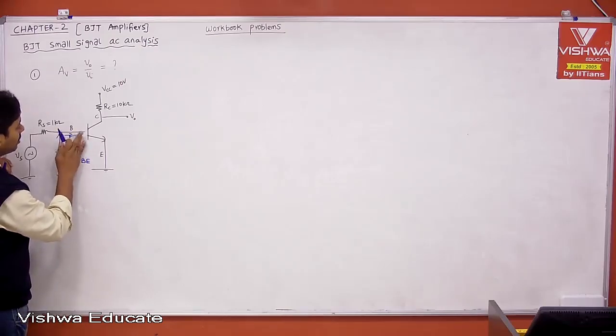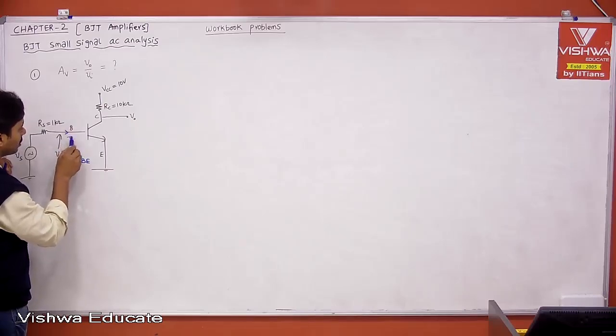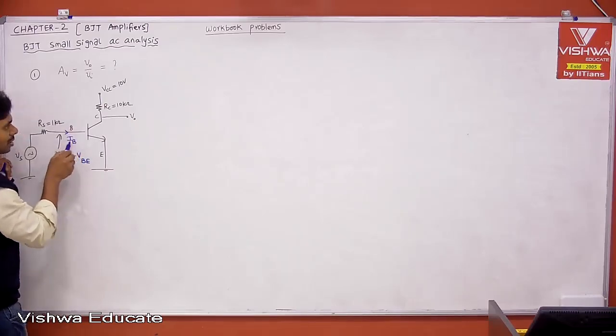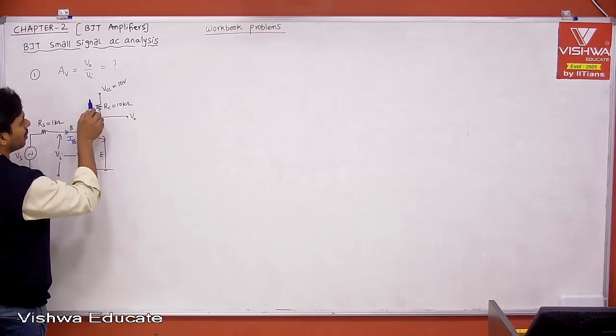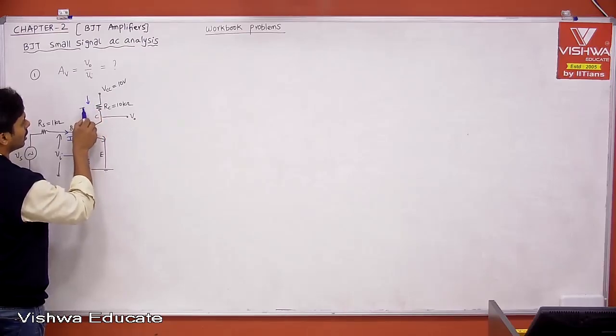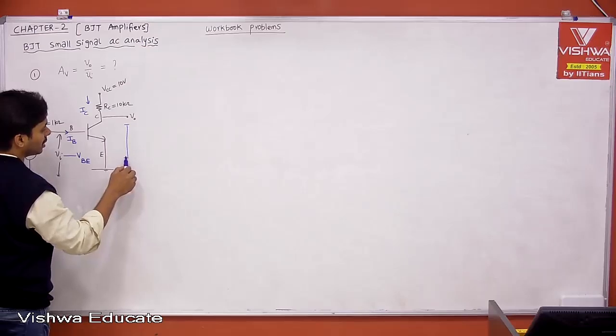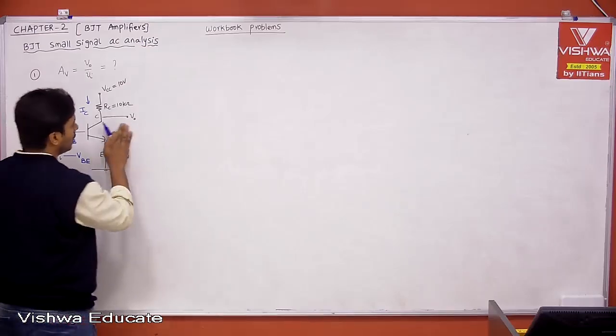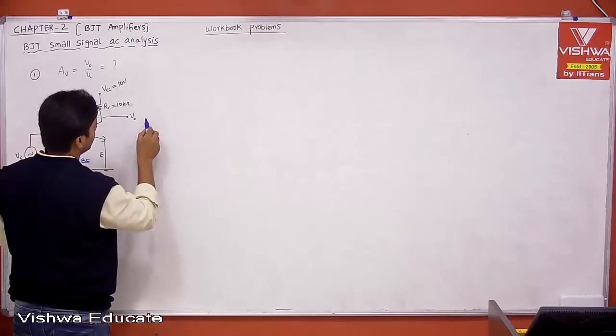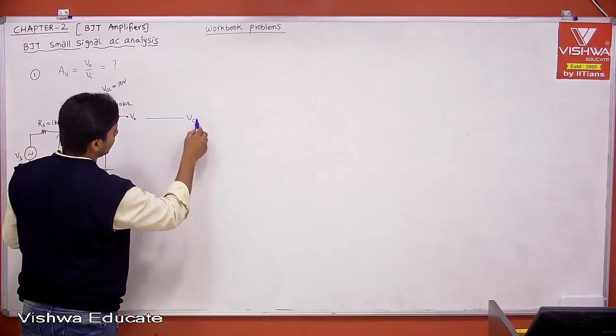What is the meaning of capital IB? DC current, because of the DC voltage. Because of capital IB, you will get capital IC. Because of capital IC, you will get capital VCE. I can say the output is capital VCE.